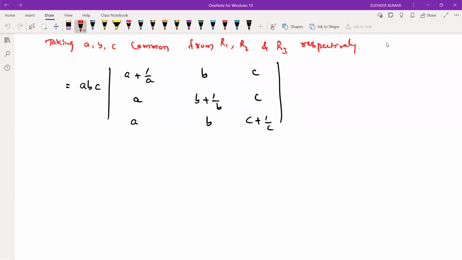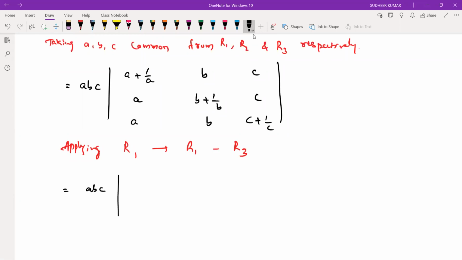As you said, then applying R1 changed as R1 minus R3, then we can make zeros. One element we can make 0, and the other we can simplify. So this is abc.